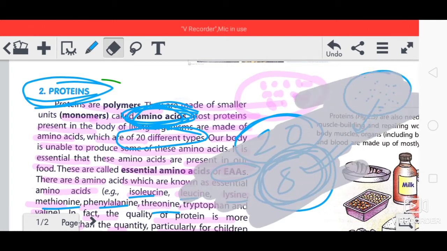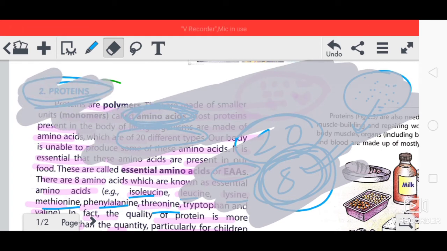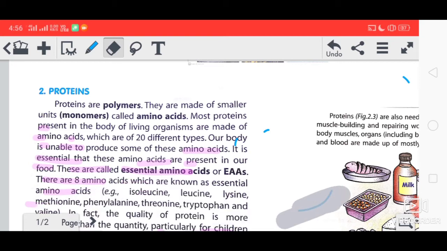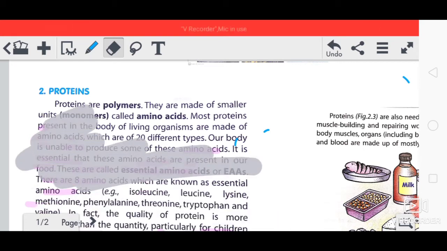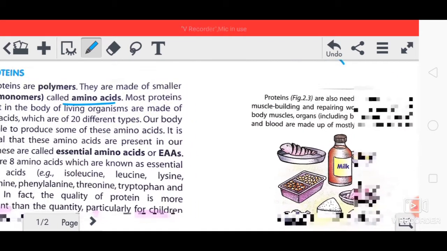Once again I am telling you: protein is one kind of nutrient made up of smaller units called amino acids, and there are 20 amino acids found in our body, among which 8 are essential.